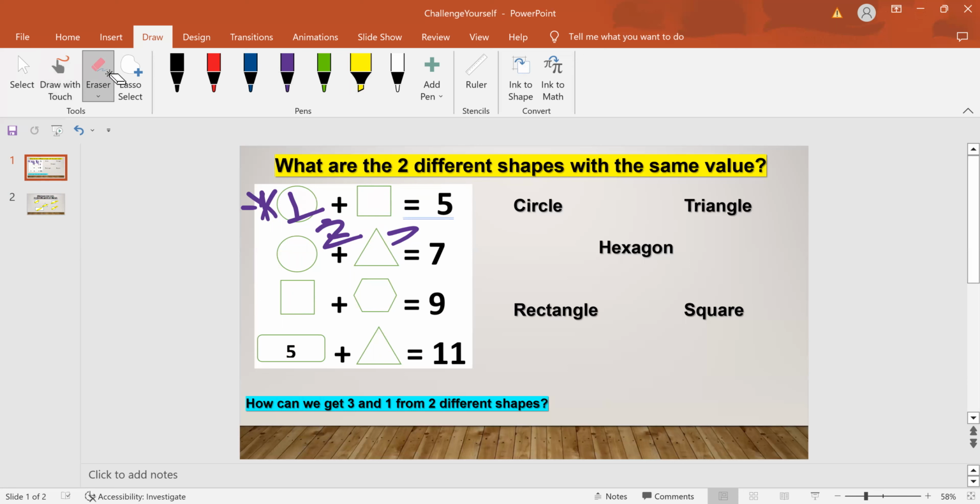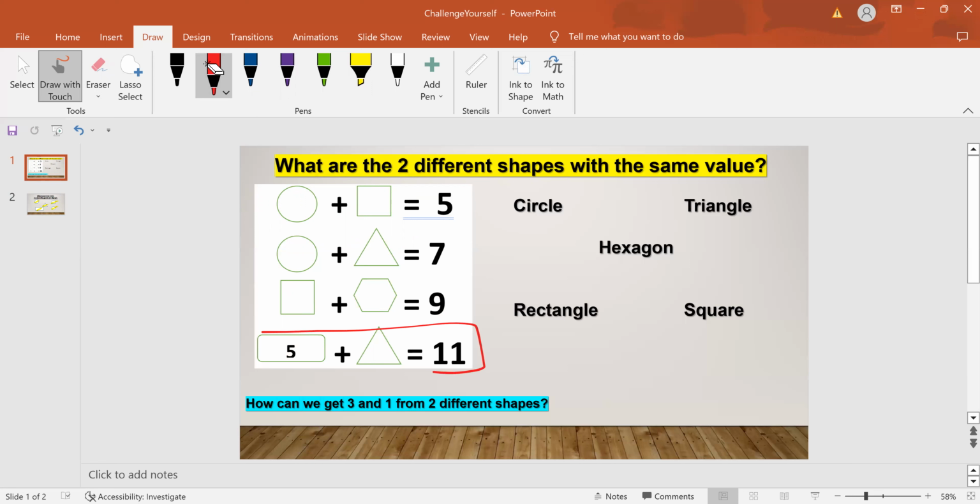So the best way to solve this problem is to start from the last one. The last one we have 5 plus something equals 11. So 5 plus what is 11? We know that 5 plus 6 is 11.